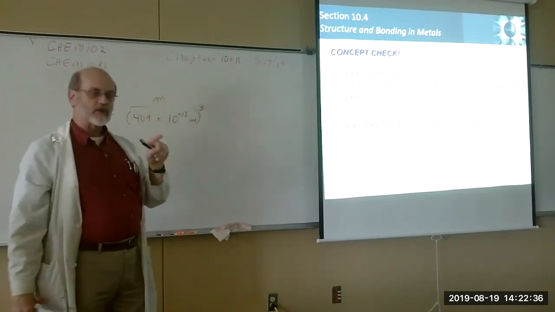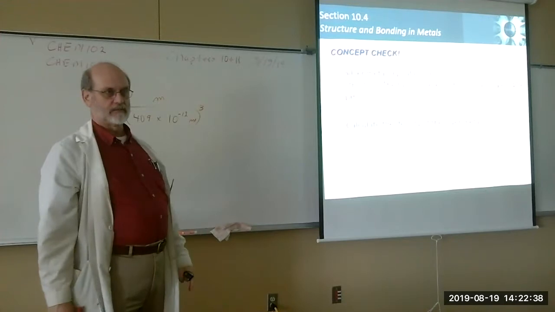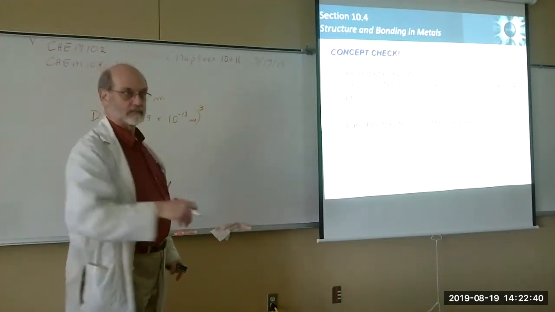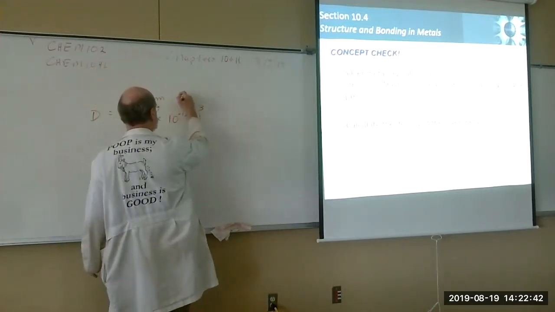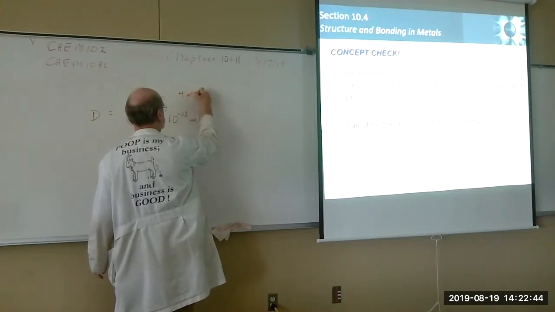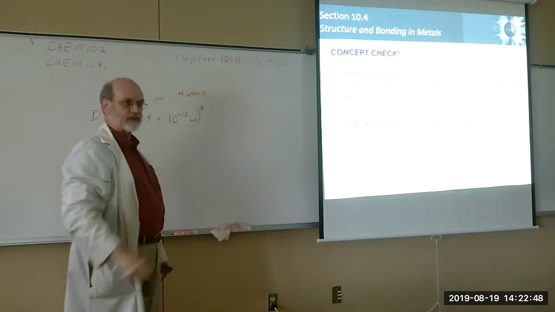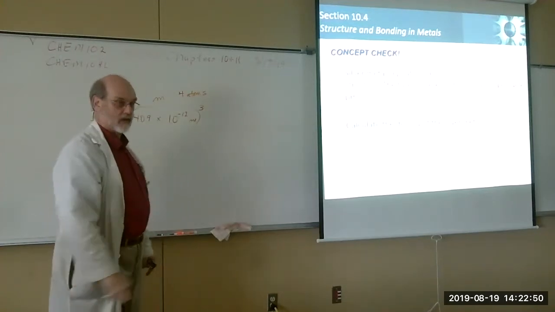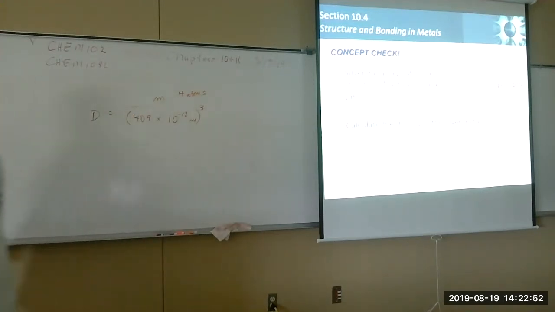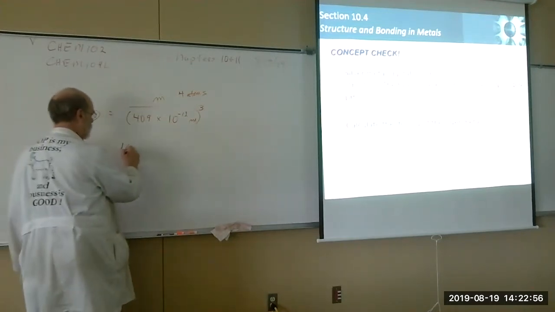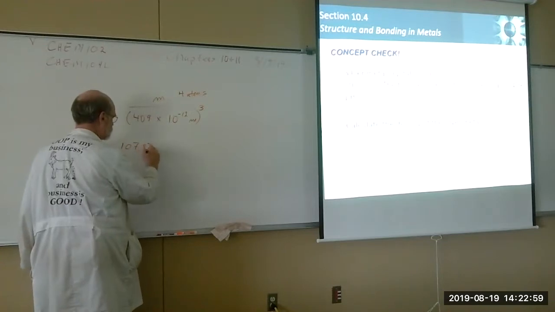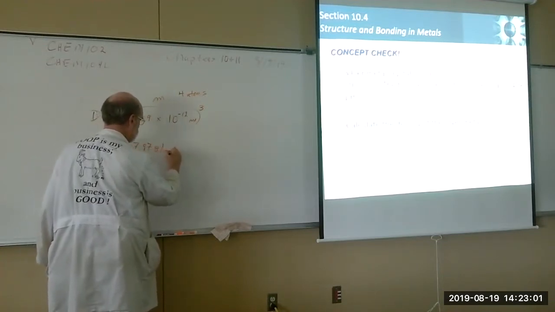Well, a face-centered cube is how many atoms? 4. So this represents 4 atoms. Right here, that volume is 4 atoms. What's the mass on 4 atoms? Well, you know that the mass of silver is 107.87 grams per mole.